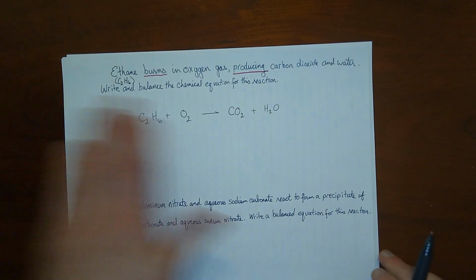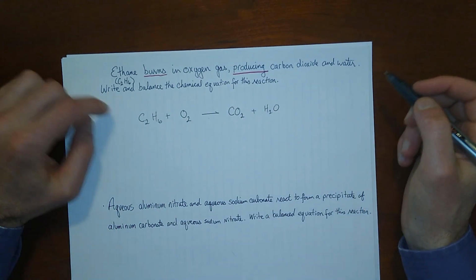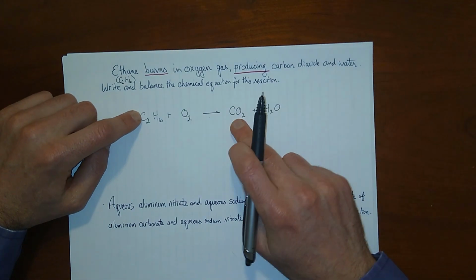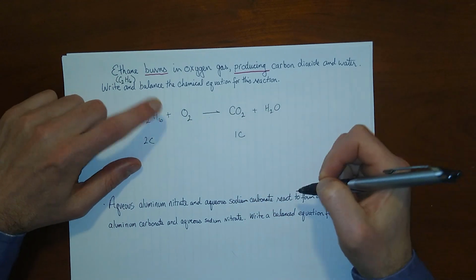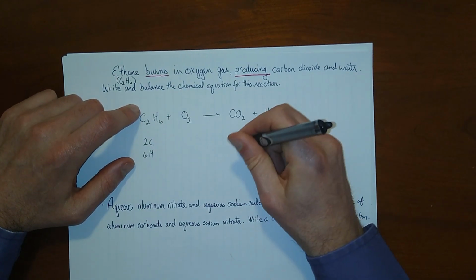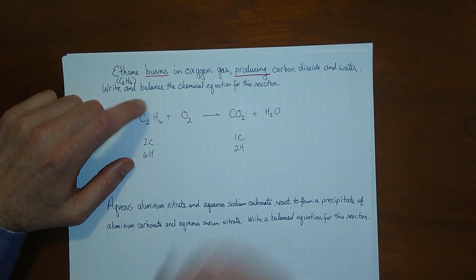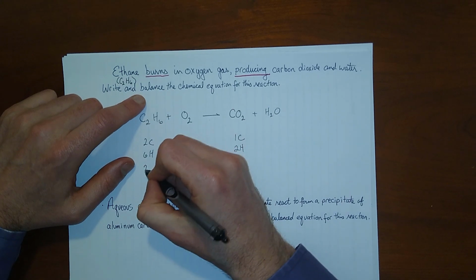Okay, so I've come up with the composition. Now I want to check for balance. So I have 2 carbons here, 1 carbon here. I have 6 hydrogen and 2 hydrogen. I have 2 oxygen and 3 oxygen.